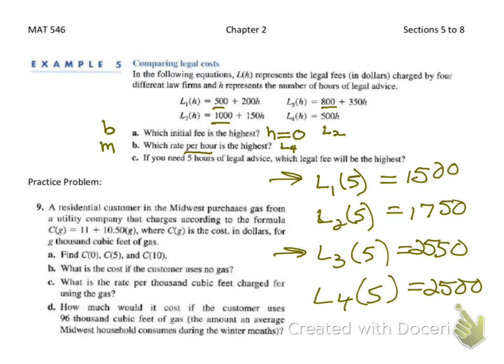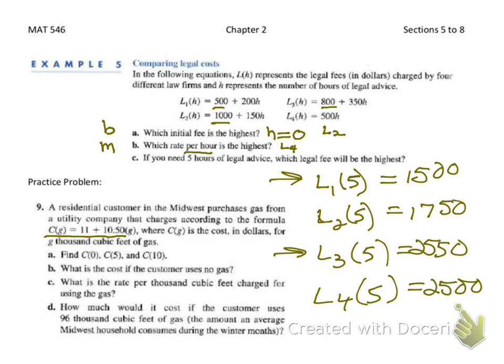A residential customer in the Midwest purchases gas from a utility company that charges according to the formula. So notice it's a linear formula. That's your formula, where C of G is the cost in dollars for G 1,000 cubic feet of gas. Okay, so how would you find C0, C5, C10?